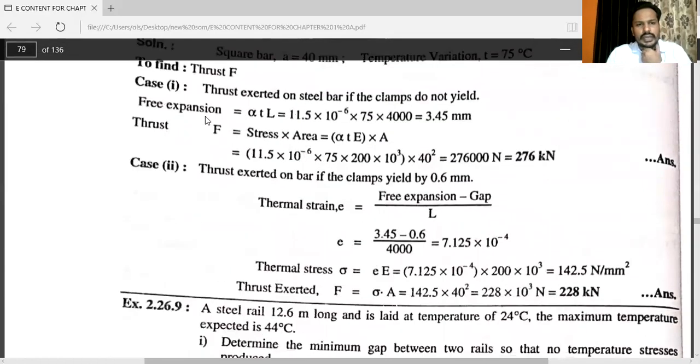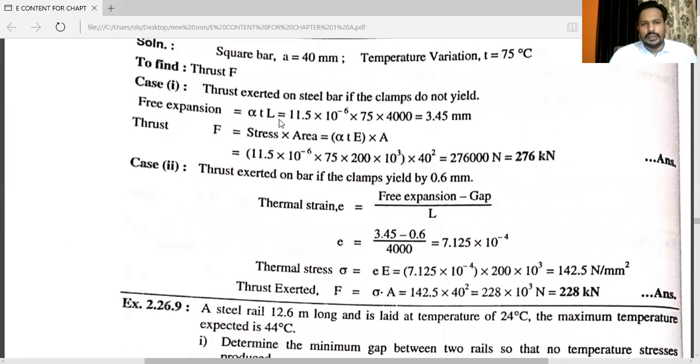First case, we know that free expansion is equal to alpha into T into L. We have the value of alpha, T, and L. You will get free expansion, and thrust is nothing but stress into area. Stress is nothing but alpha into T into E, times area. We have the value of area. You will get the answer for the first case, do not yield.